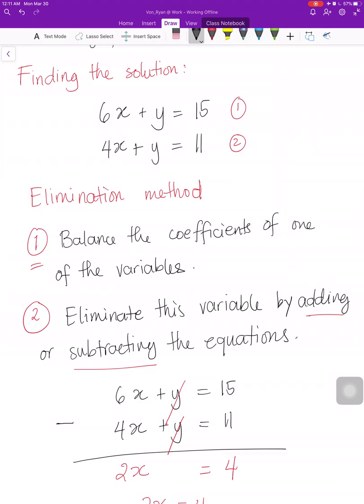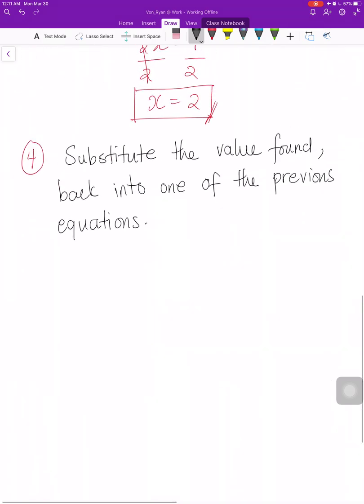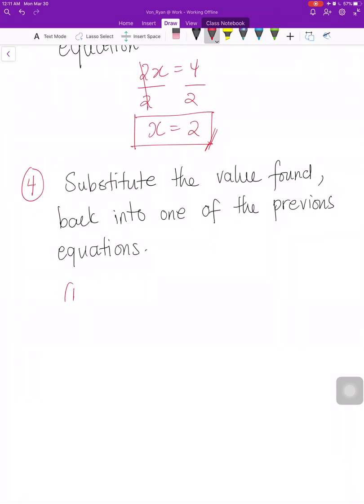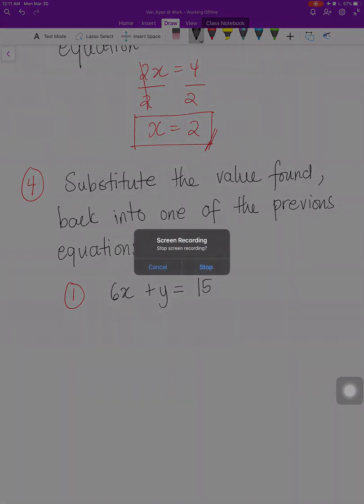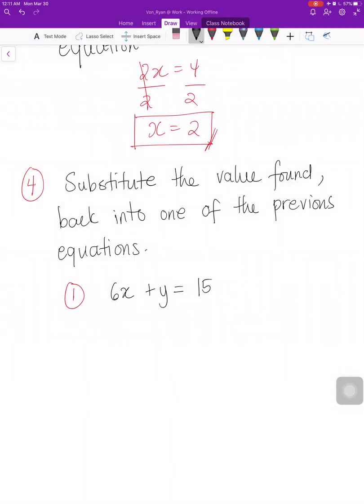So let's use equation 1, okay? So equation 1 tells us that 6x plus y equals 15. Now, if x is equal to 2, then this will be 6 times 2 plus y equals 15.